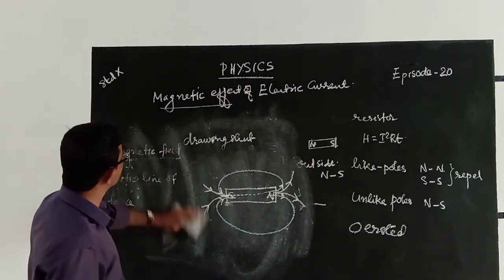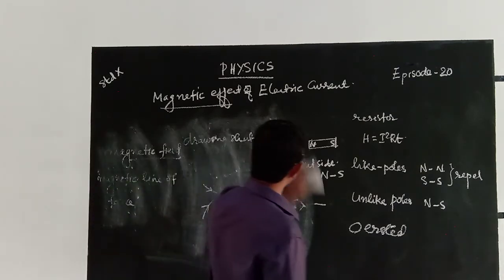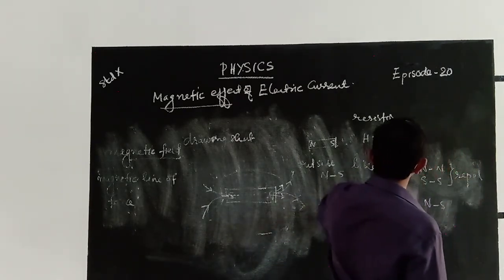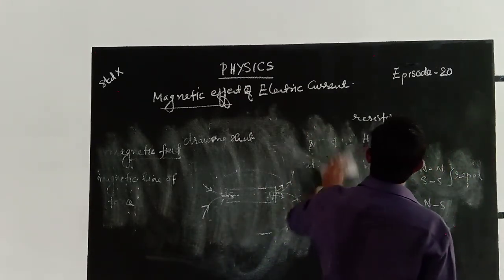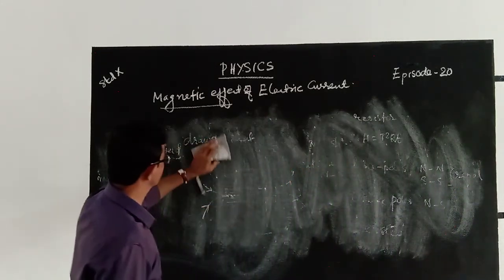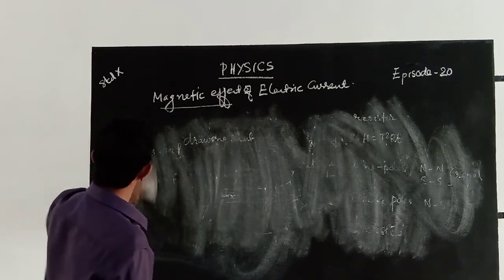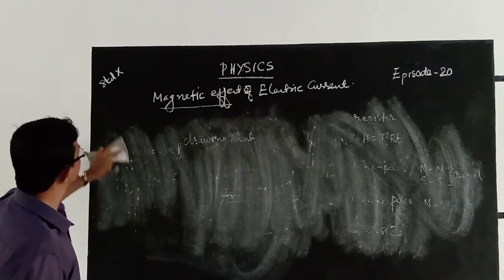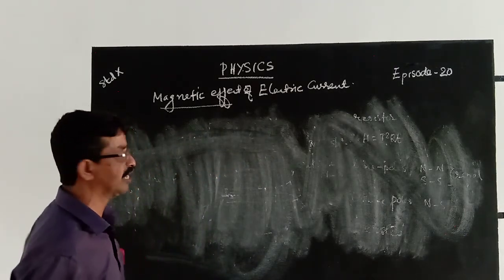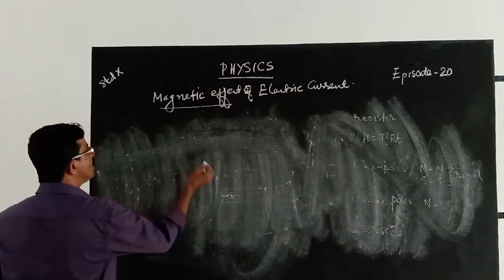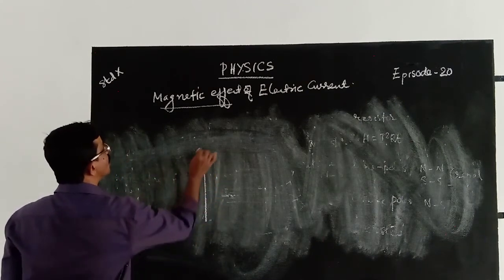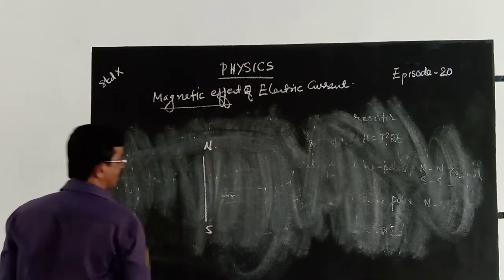Now, we want to discuss the magnetic field around a current carrying conductor. See, we arrange a thick copper wire in the north-south direction.